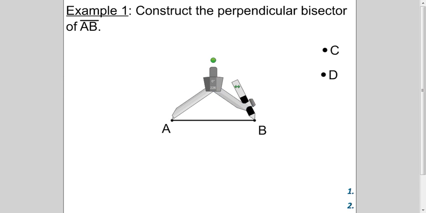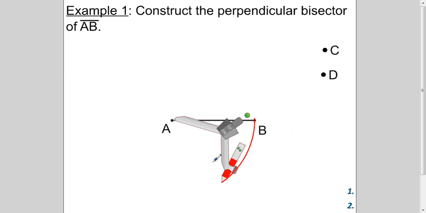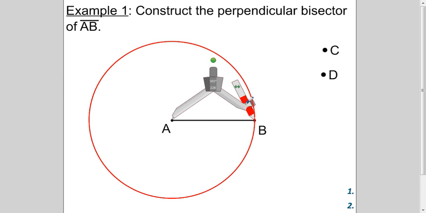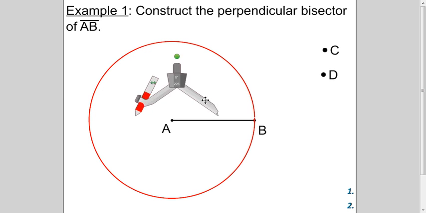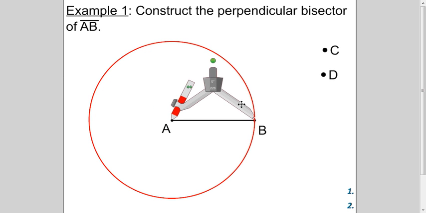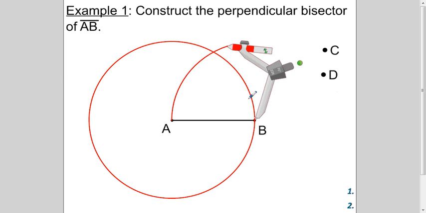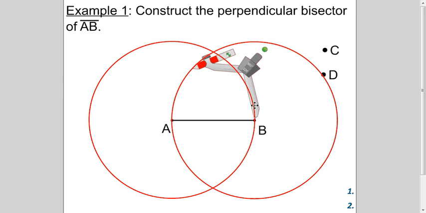And you're going to draw a circle. So there we go. Now you're going to take your compass, get rid of those, and without changing its size, put it on the other endpoint, and draw another circle. There we go.